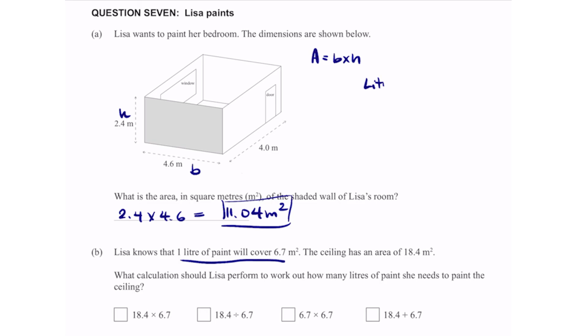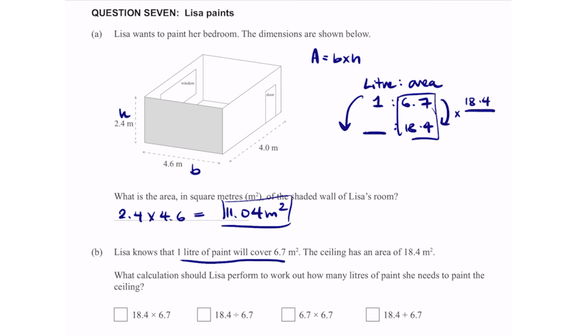So if we look at litre to area, or paint to area, 1 litre covers 6.7. If we want to cover 18.4 meters squared, how much paint do I need? Well, I don't know, that's what I want to work out. So I'm going to multiply both sides by 18.4 divided by 6.7, because 6.7 is the known top of that same side. Go back a bit earlier if you want to see in depth how I would solve ratio problems.